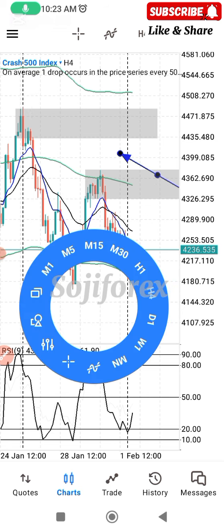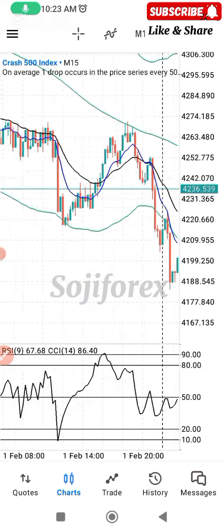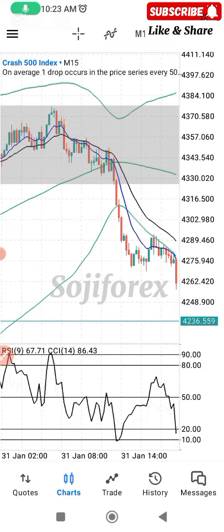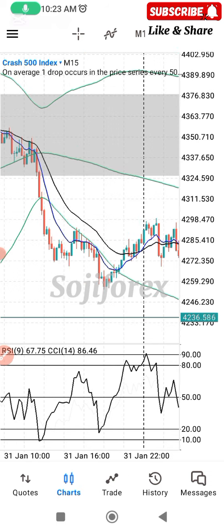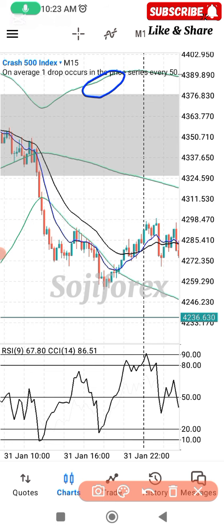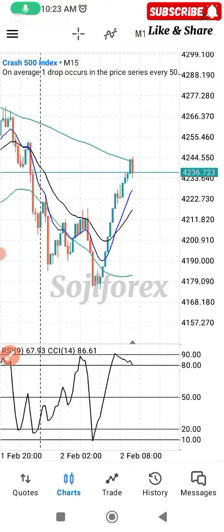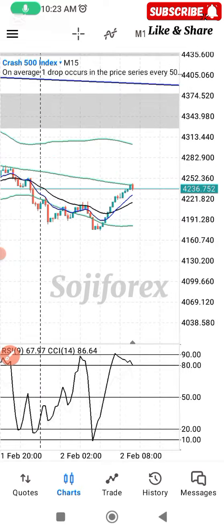And I will now go to my 15-minute time frame. Let me trace. Okay, now you can see this zone here. You can see that this zone is closer to our upper Bollinger band. So later in the future, when price pulls to those zones, you will have your beautiful entry.